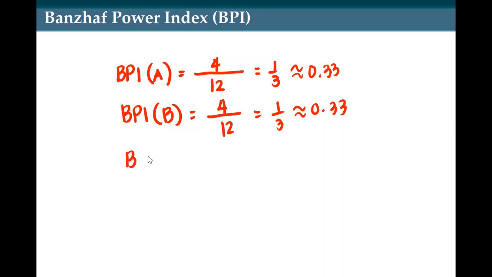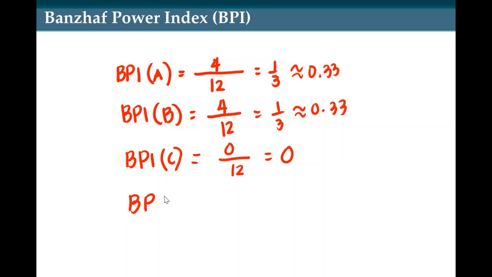The Banzhaf Power Index of voter C is equal to 0 divided by 12, equal to 0.